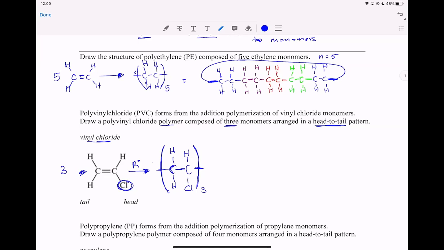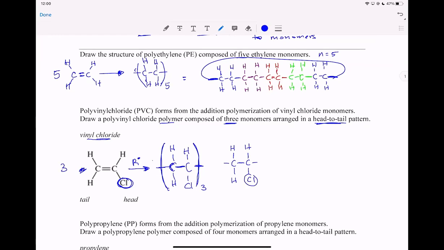The first one is going to be the monomer with 2 carbons and 4 bonds coming out of those 2 carbons, coming out of each of those carbons. So those are still hydrogen, hydrogen, hydrogen, and this is a chlorine. So remember that chlorine is the head. So I want it to be bonded to the next monomer, which I'm going to do in a different color, purple.